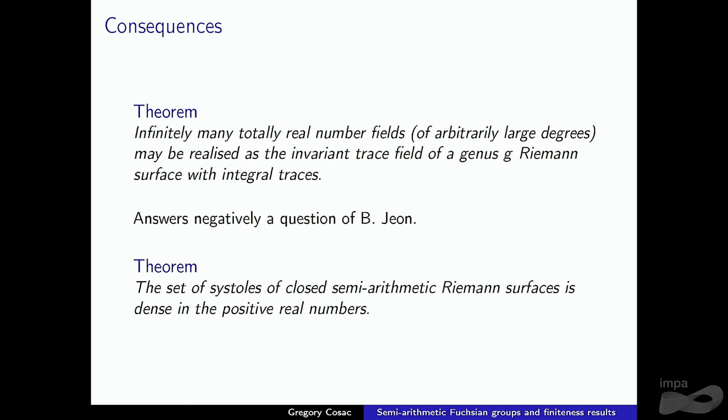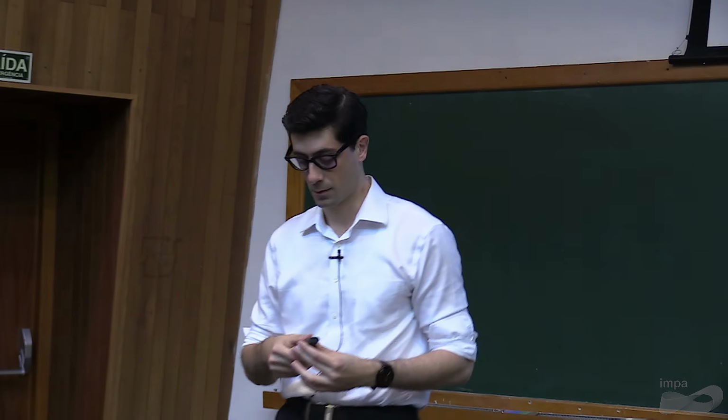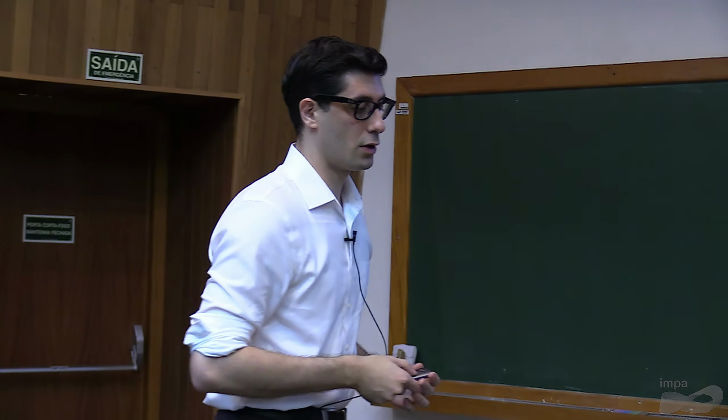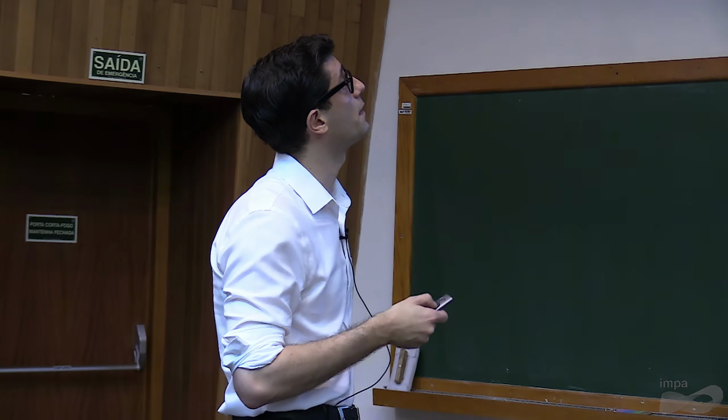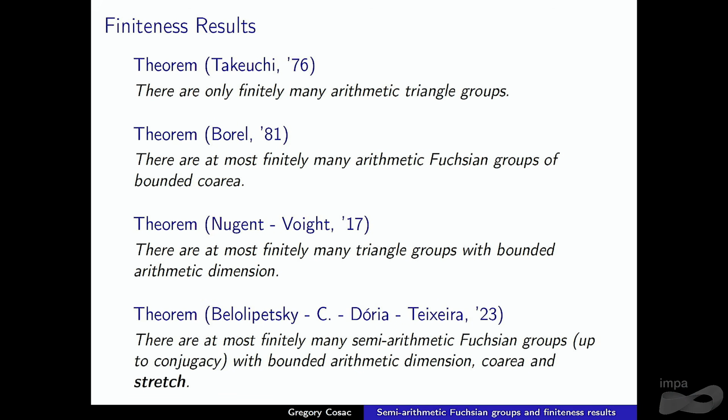So one thing that we're interested in is what other invariants can you bound and should you bound in order to have finitely many semi-arithmetic objects. And then there's this list of finiteness results, going back to Takeuchi's result that I mentioned previously.